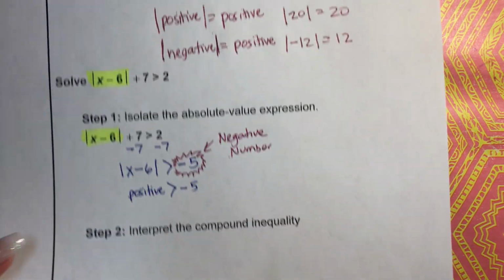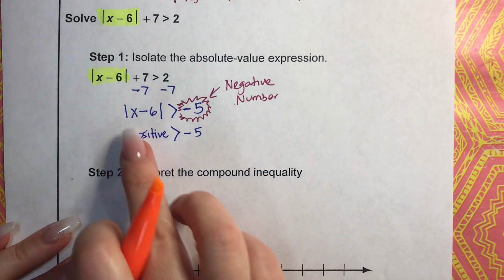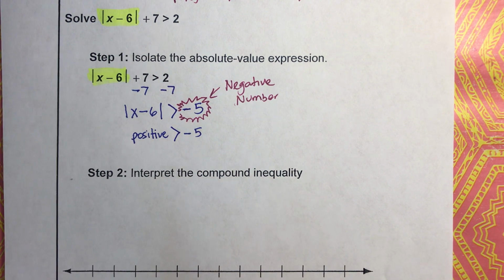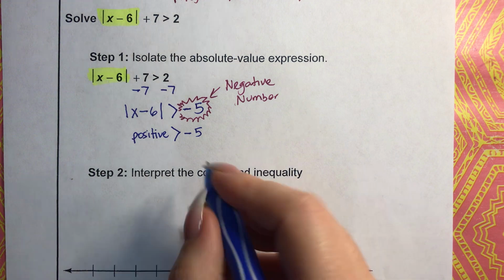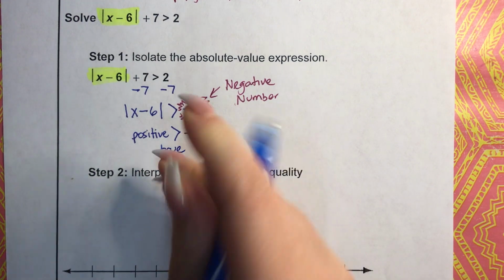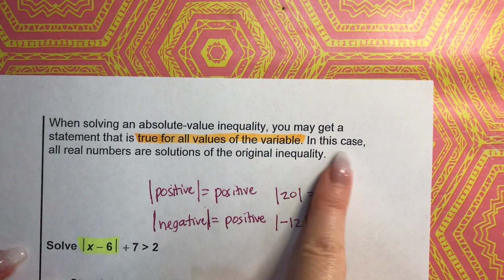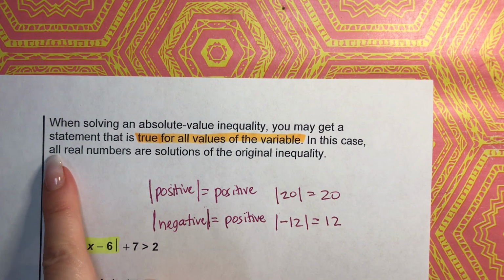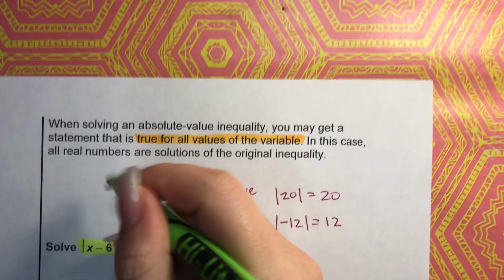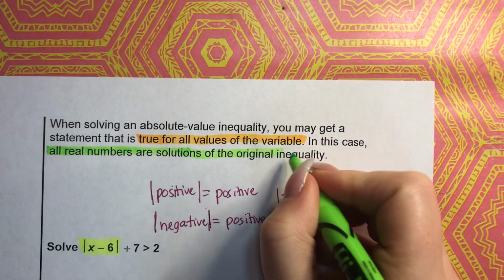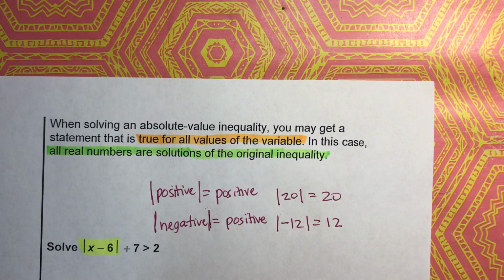So look here, we have a statement down here. This is going to be a positive number, and a positive is always greater than negative 5. This is a true statement. So it's true for all values of the variable. So in this case, all real numbers are solutions to the original inequality. Okay?